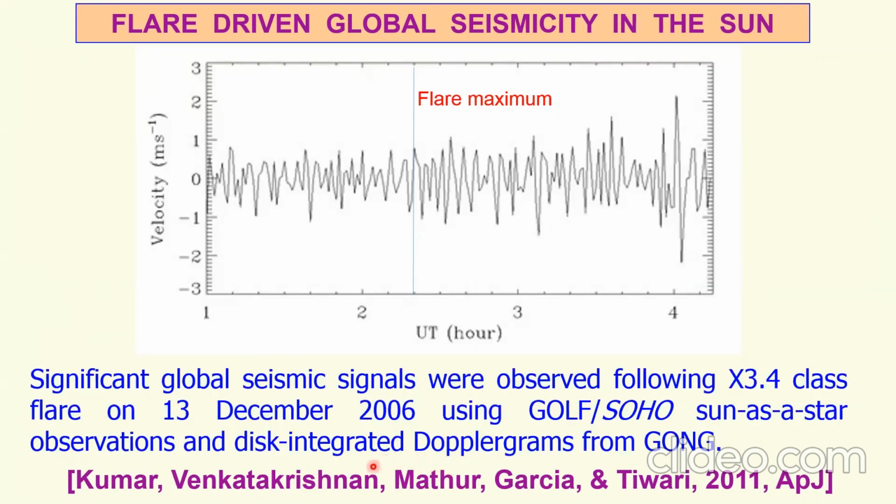And also we use the disk integrated Dopplergrams from GONG for this 13 December 2006 flare. And this shows the progress of the low degree velocity as the time progressed in the flare.